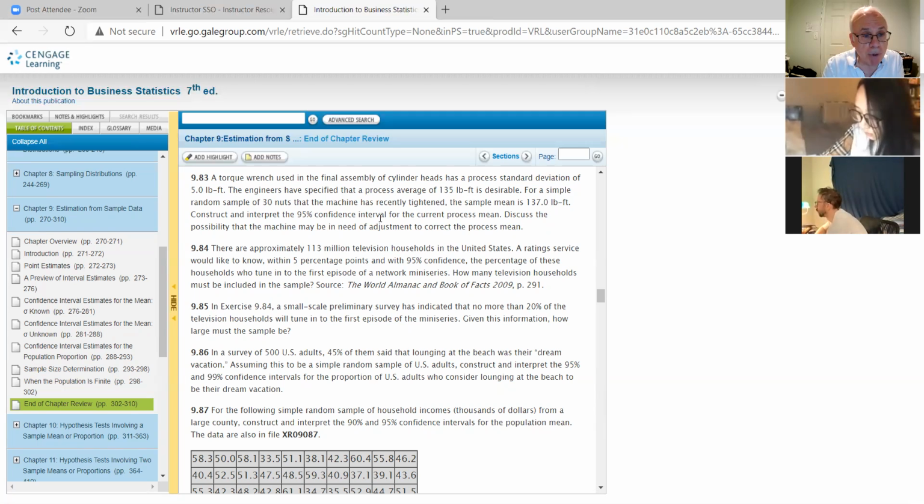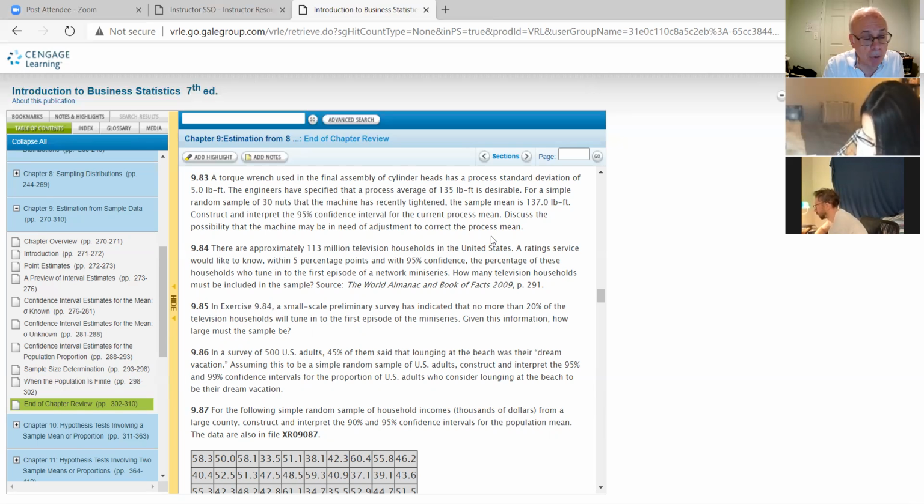For a simple random sample of 30 nuts that the machine has recently tightened, the sample mean is 137 pound-feet. Construct and interpret the 95% confidence interval for the current process mean. Discuss the possibility that the machine may be in need of adjustment to correct the process mean.